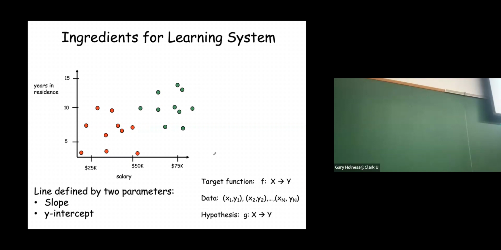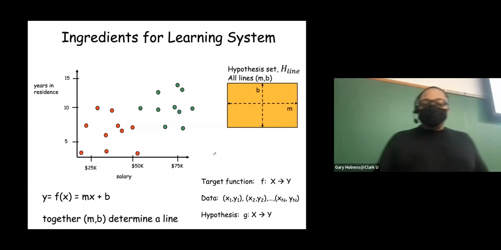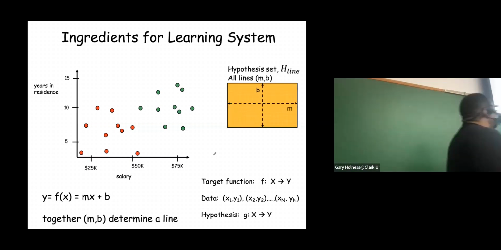No? All right. And so we have our slope and our y-intercept. So let's visualize what our hypothesis set might look like. In our hypothesis set, and this is the best way I could think of visualizing it, we have a choice for m and b. Each point within this hypothesis set, our family of lines on the plane, is going to represent a particular slope and y-intercept.